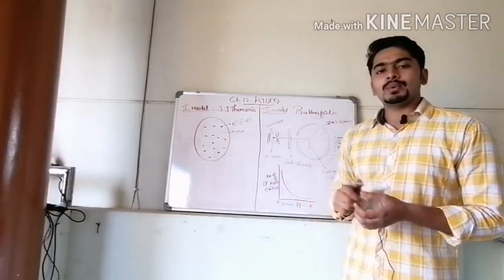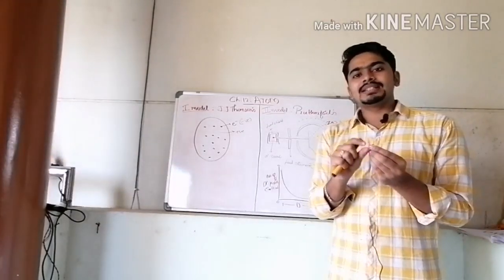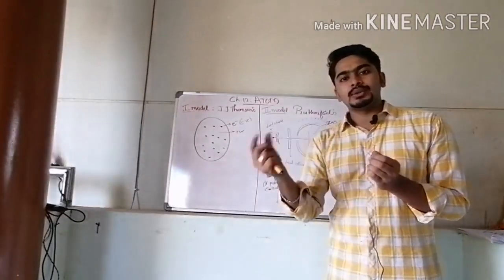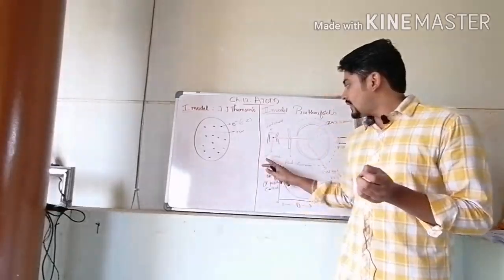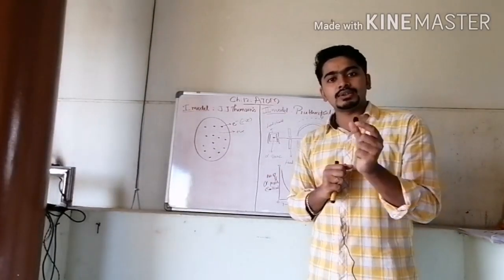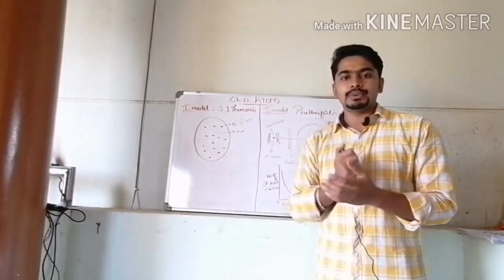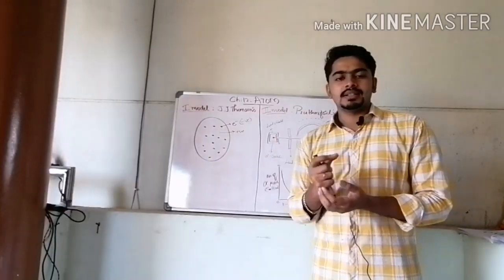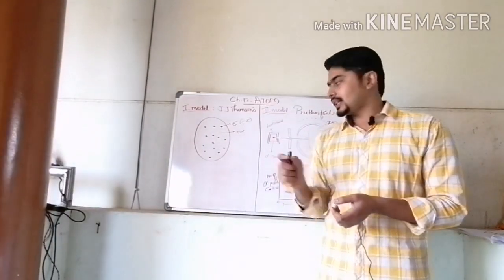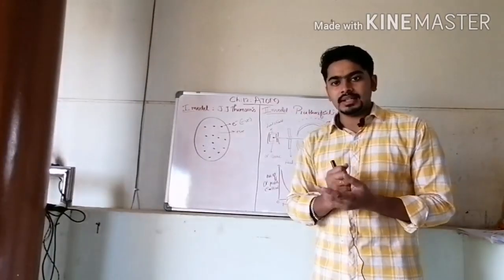In that matter, consider a radioactive nucleus which gives rise to the alpha particle, which are alpha sources. Before that, what is an alpha particle? Alpha is similar to a helium nucleus. The charge is plus 2, that is helium nucleus. Alpha particle is nothing but a helium nucleus.